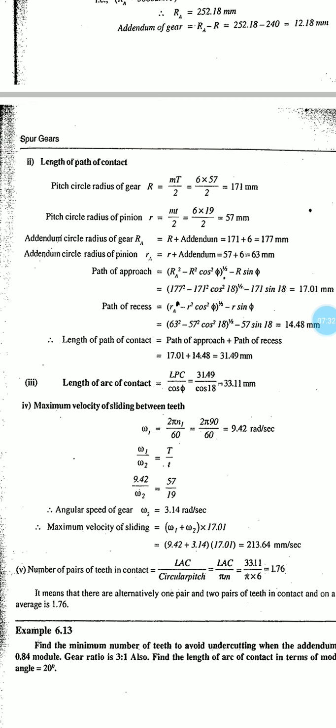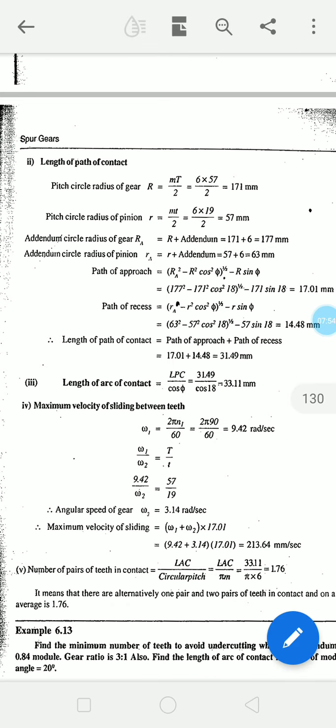Pitch circle radius of gear, capital R, equal to mt by 2, where m is the module and t is already calculated: 6 into 57 divided by 2, so we will get 171 mm. Pitch circle radius of pinion, small r, equal to mt by 2, that is 6 into 19 divided by 2, equal to 57 mm.